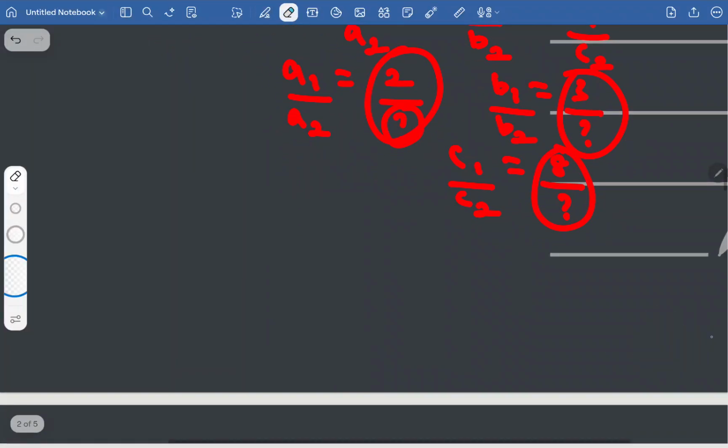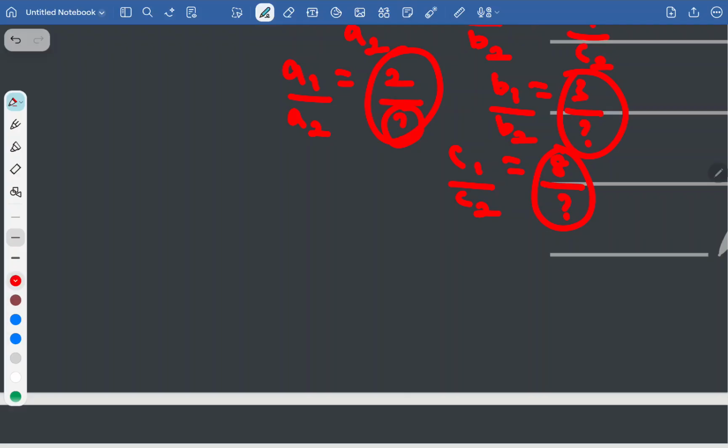We have to construct such a linear equation. If I take 8 here, 12 here, 32 here, see, if we simplify 2 by 8, 1 by 4 for the ratio a1 by a2. If I simplify 3 by 12, what is the ratio? 1 by 4.